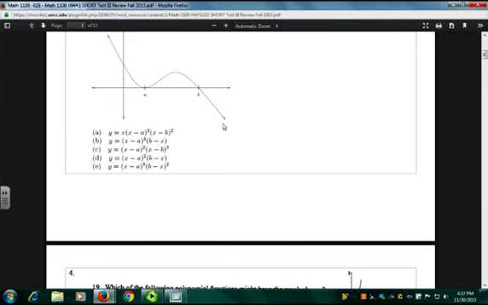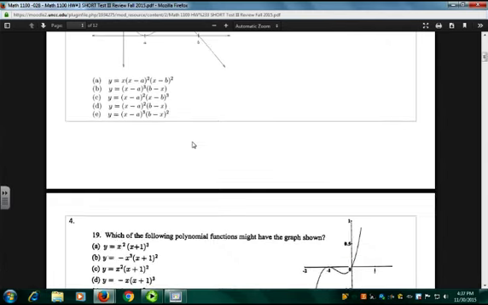This is going up on the left and down on the right, which means my leading coefficient has to be negative. So instead of x minus B, you can have B minus x, which is the negative of that. Negative 1 times x minus B is B minus x. So from that perspective, the answer is either B or D.